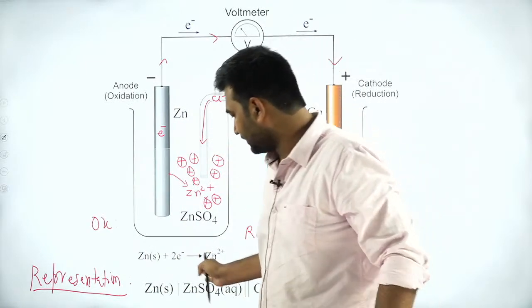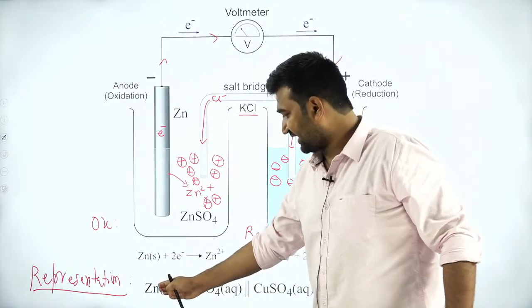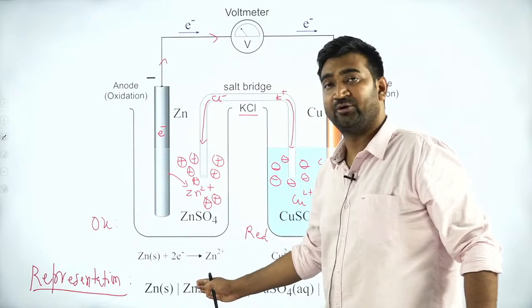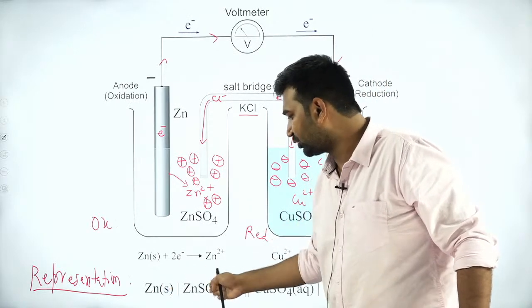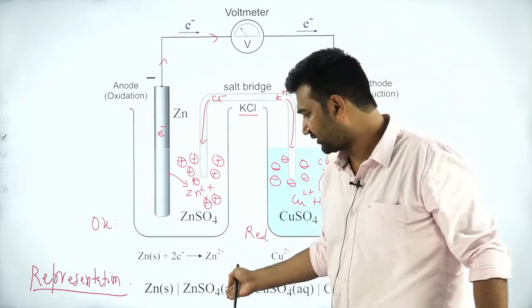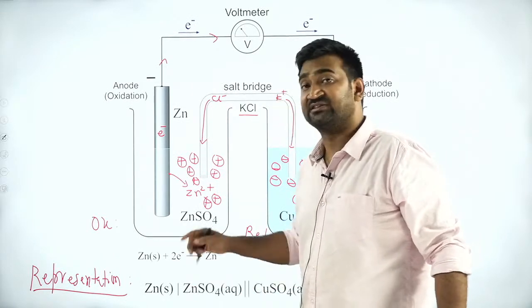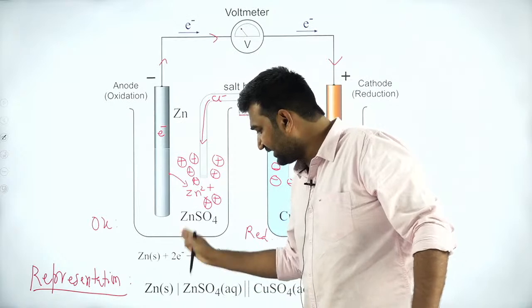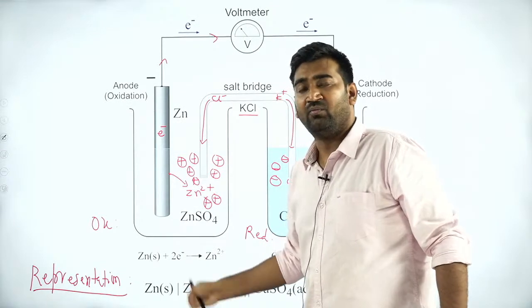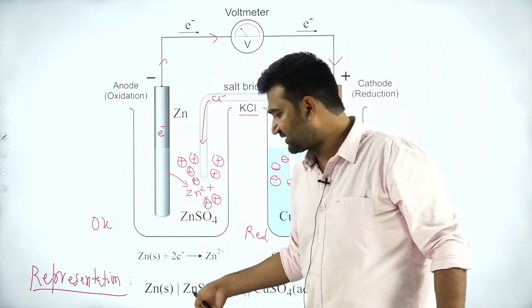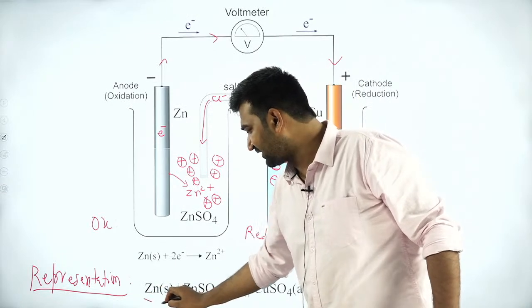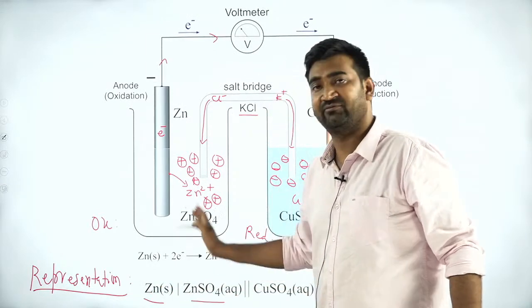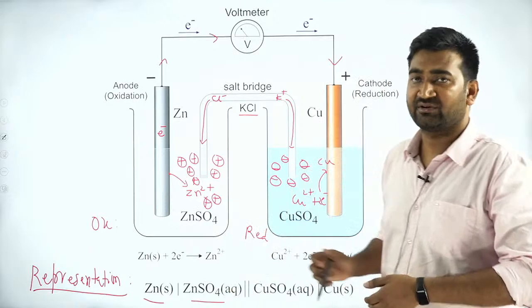So obviously zinc is there, converting to Zn2+. So Zn by Zn2+ means ZnSO4 aqueous solution. If concentration is given, then we write the concentration also, and we write a slash whenever there is a phase difference. So obviously the zinc here is in the solid phase and this is in the aqueous phase, so we will write a slash.